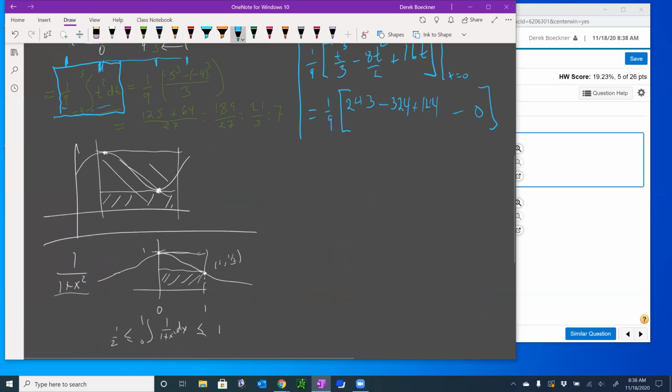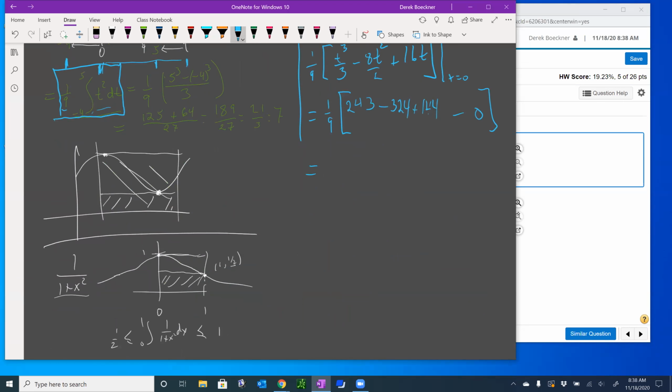And so you're still going to end up with 1 over 9 times the 144 and the 243 minus 324, which equals 1 over 9 times 63, which is equal to 7 still, which is what we had here.